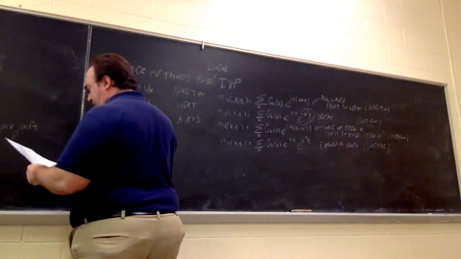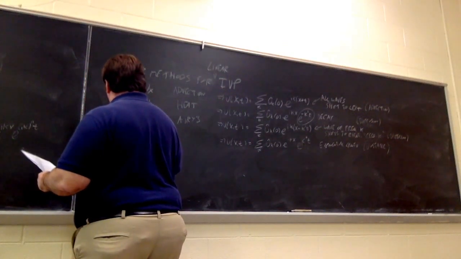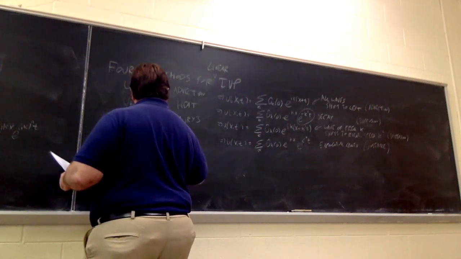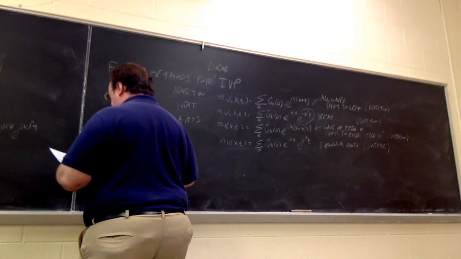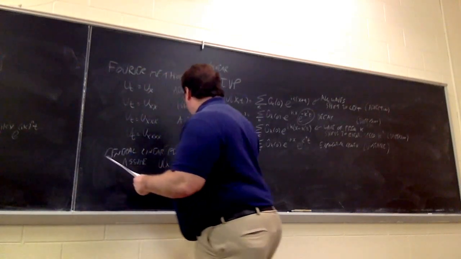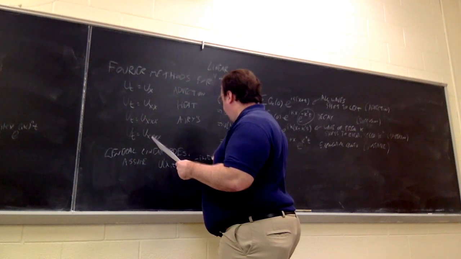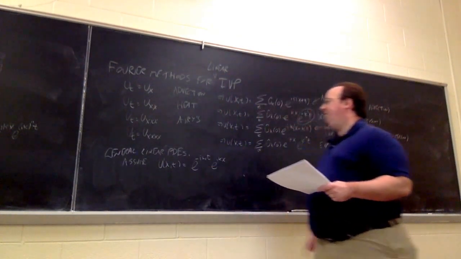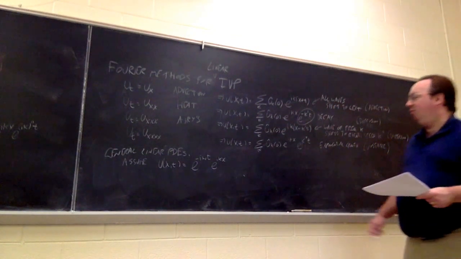So, for more general linear PDEs, particularly those with constant coefficients, if we assume the solution has this form, u of x,t is equal to e to the minus i omega t e to the i k x. What you do is you substitute this into the PDE and figure out what omega is.